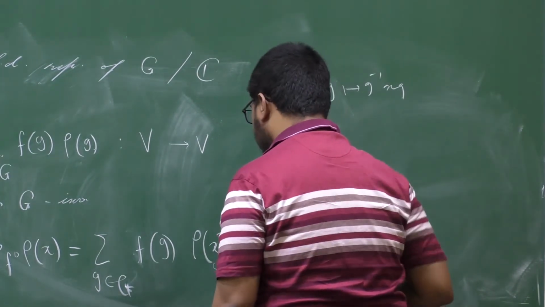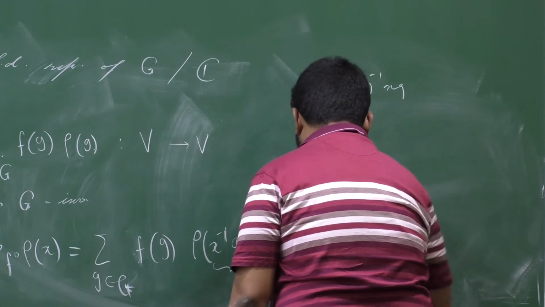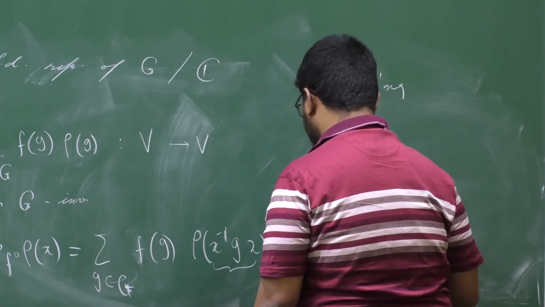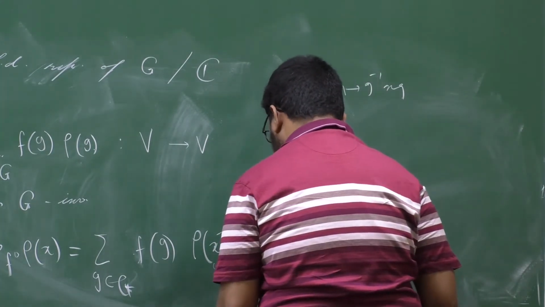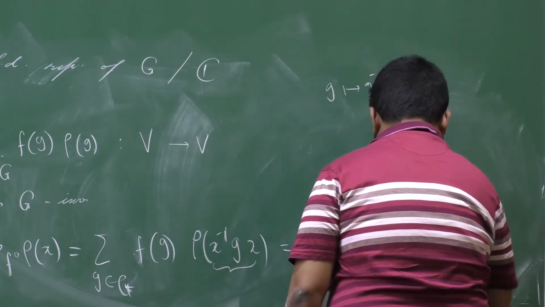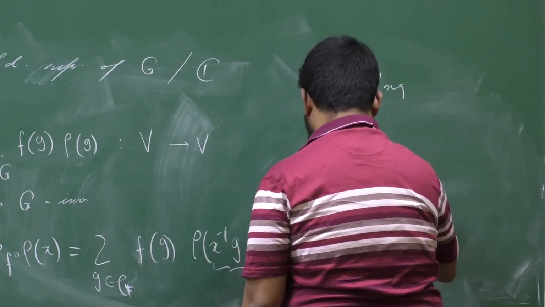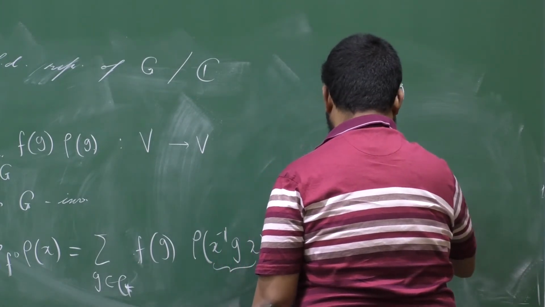So we can make this change of variables, saying this is rho(g prime), where we put g prime as x inverse g x.